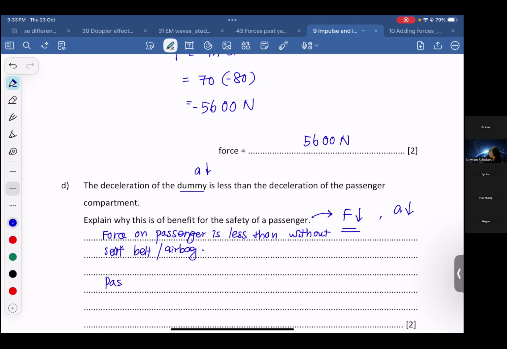So the passenger is less likely to be injured. Always ask yourself safety. So we want to reduce impulsive force. Why can the deceleration be reduced? Because just now we said F equals to ma. Your a reduces, your force also reduces. We use the seat belt to help us reduce the impulsive force. Is it okay?